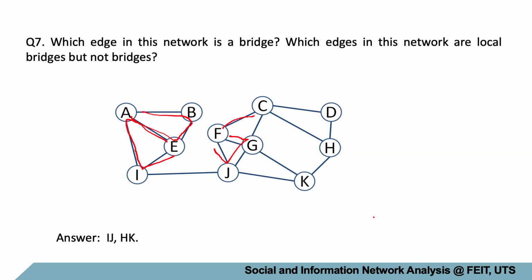Similarly, we just keep listing all the triangles, and then we only have these two edges left. Then we can check. Is there any question about this problem? Okay. If not, let's move on.